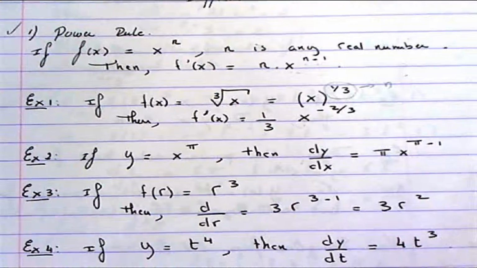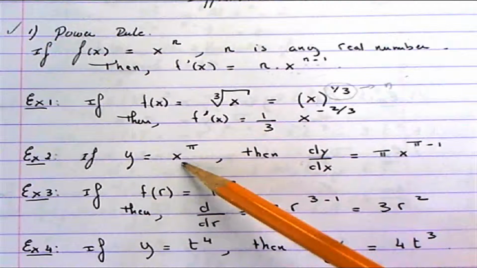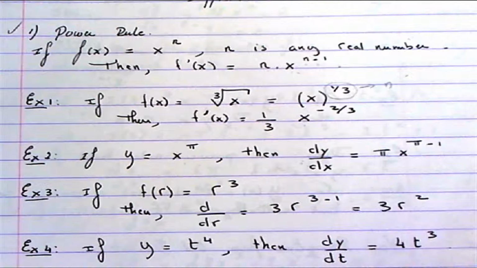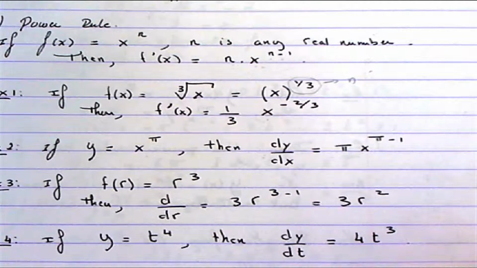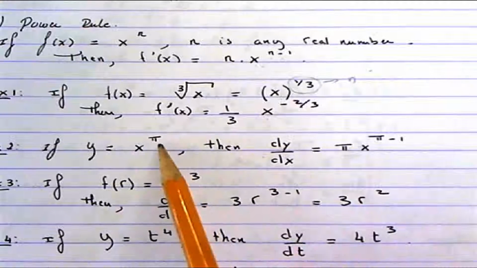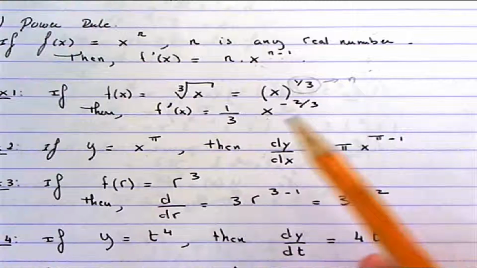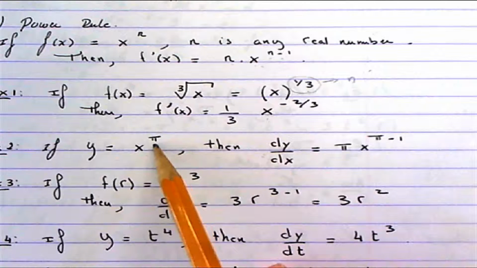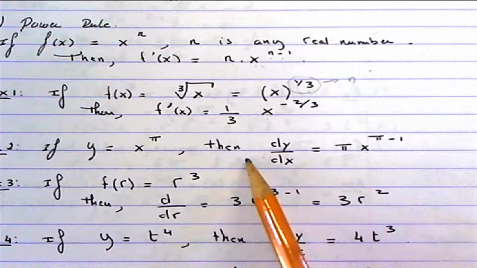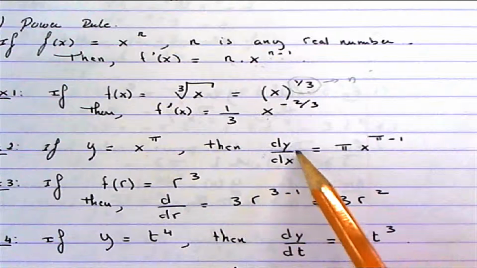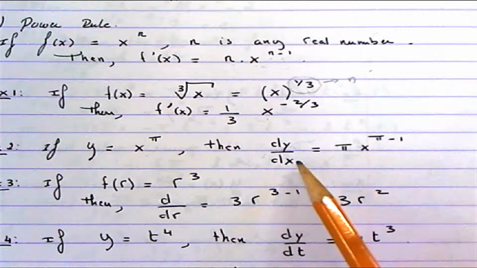Let's look at a second example. If y equals x to the pi, well, this time, what is my n? It will be pi, right? Before it was 1/3, now it's pi. It's anything in the exponent. So then dy dx, the change in y over the change in x, remember that represents the slope of the tangent line.